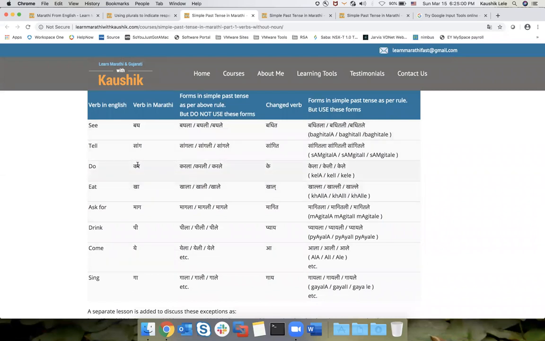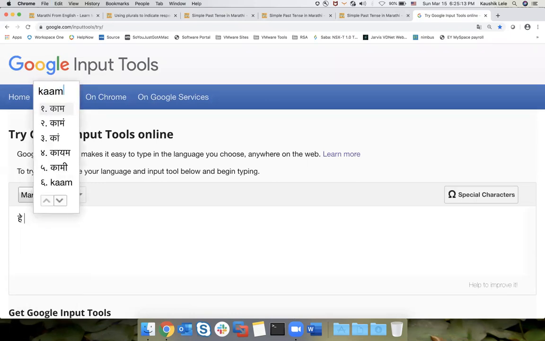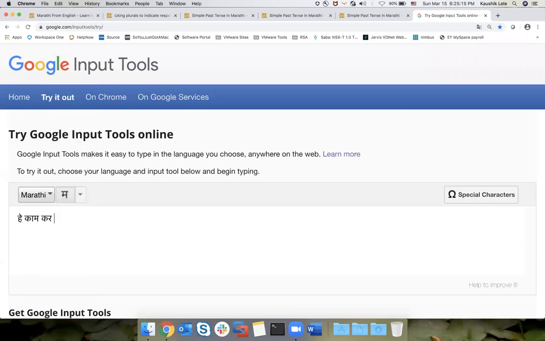For example, kar: hey kaam kar, do this work. And the past tense will be hey kaam kele. So it won't be karle, it will be kele.